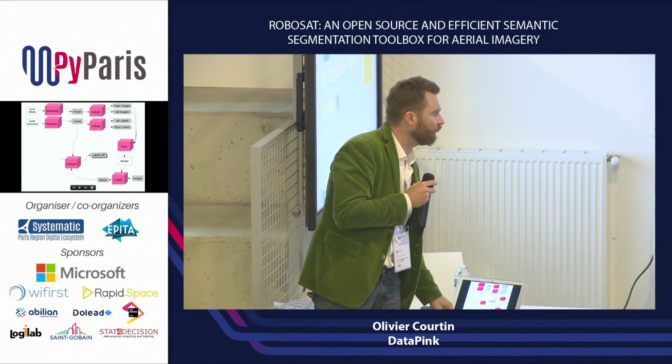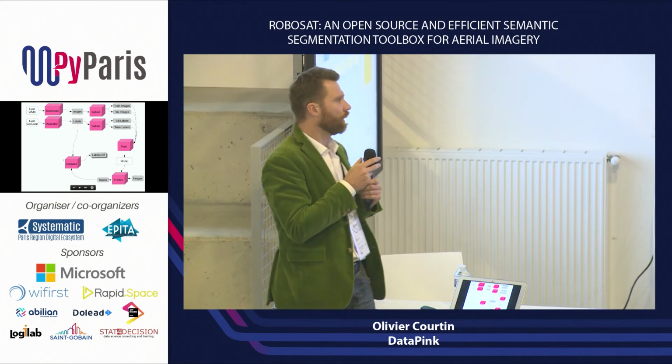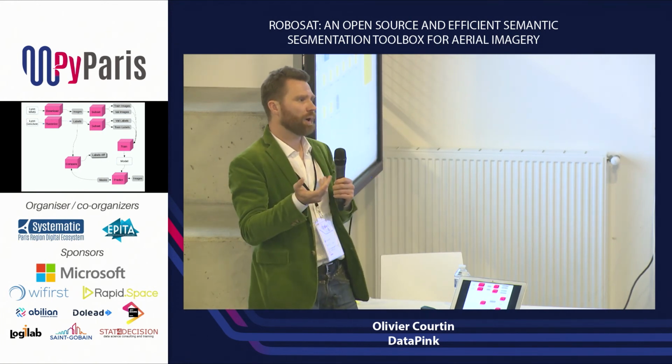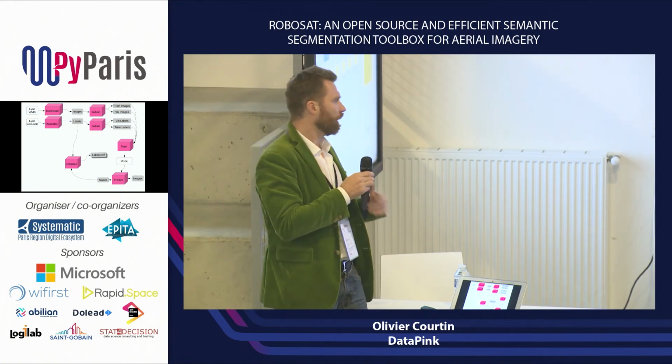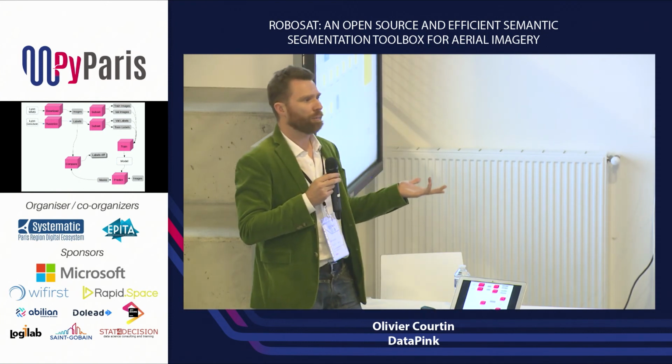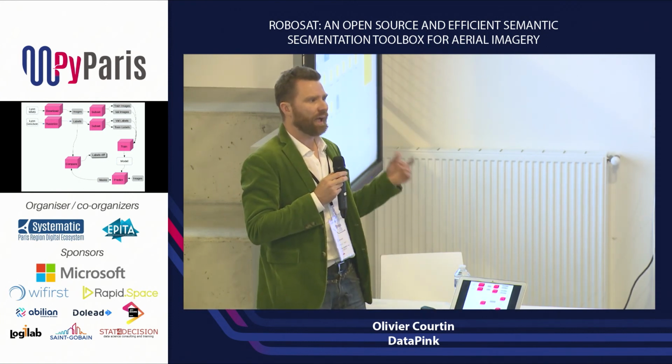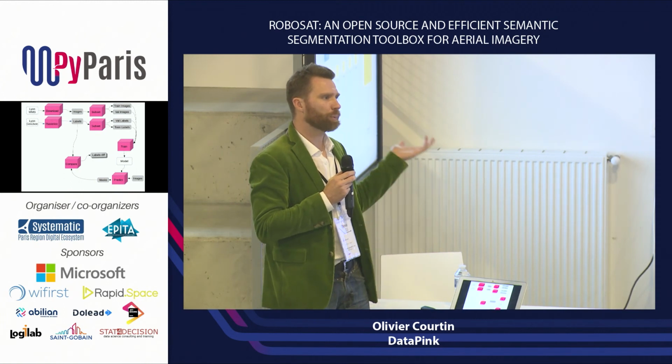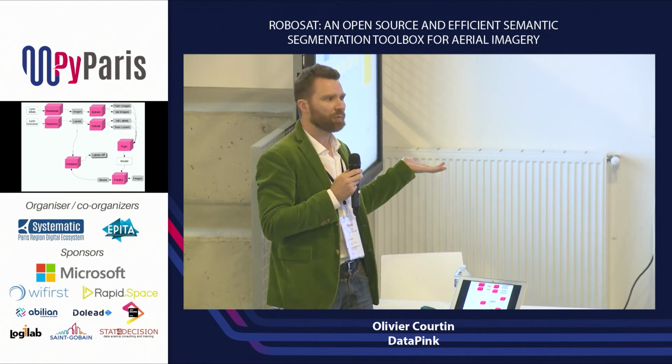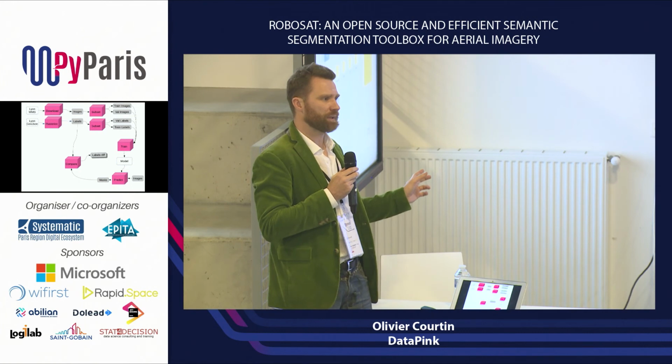With Robosat, we have the compare tool. The compare tool is able to compare an imagery and another rasterized data, and to produce as an output either an imagery of the difference or a metric.